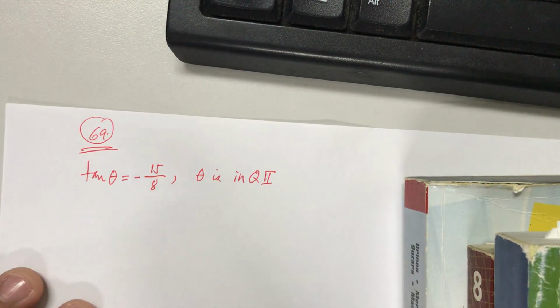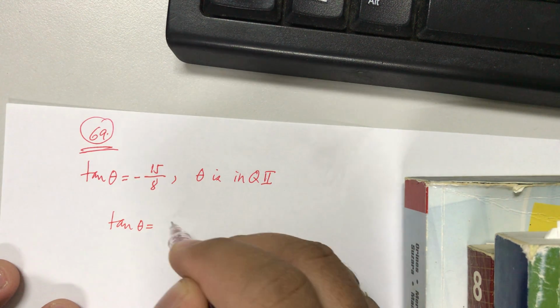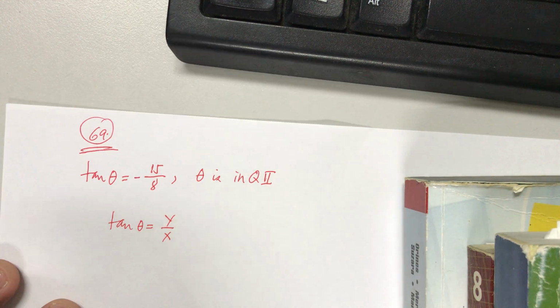Now, we all know that tangent theta is defined as y over x. Theta is in quadrant 2. For a point to be found in quadrant 2, its x-coordinate or abscissa must be negative, while its y-coordinate or ordinate must be positive.